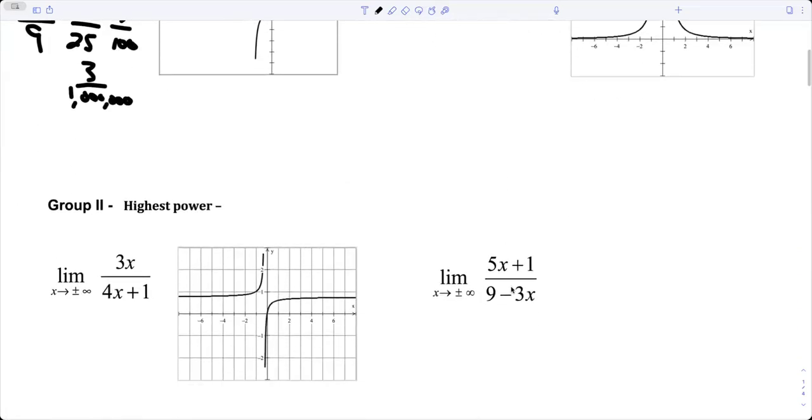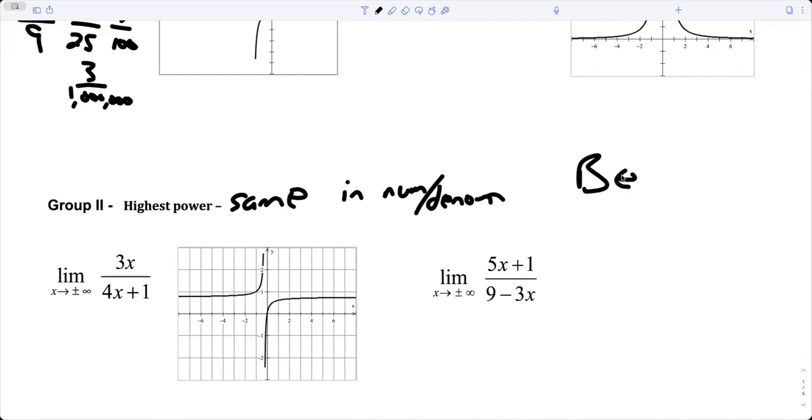The second type is the highest power is the same. If it's the same in the numerator and the denominator, then my little mnemonic device, what is it? We remember from pre-cal. What does BOTEC stand for? Bottom equals top, C, the coefficient.